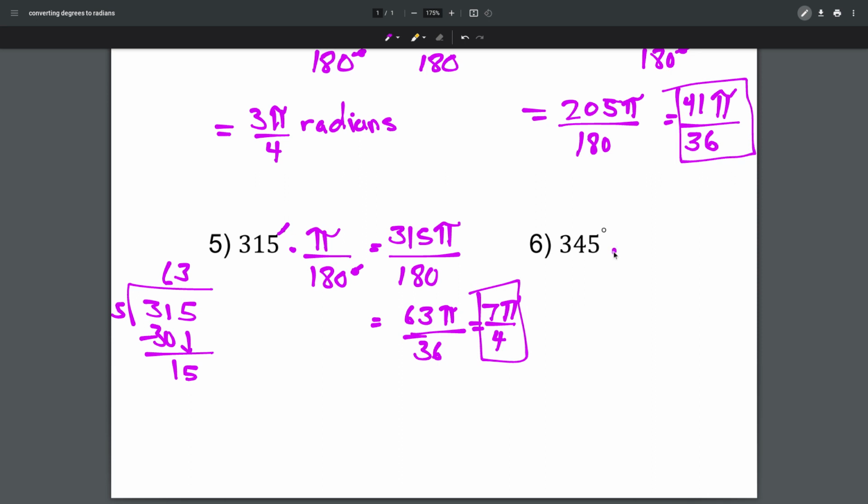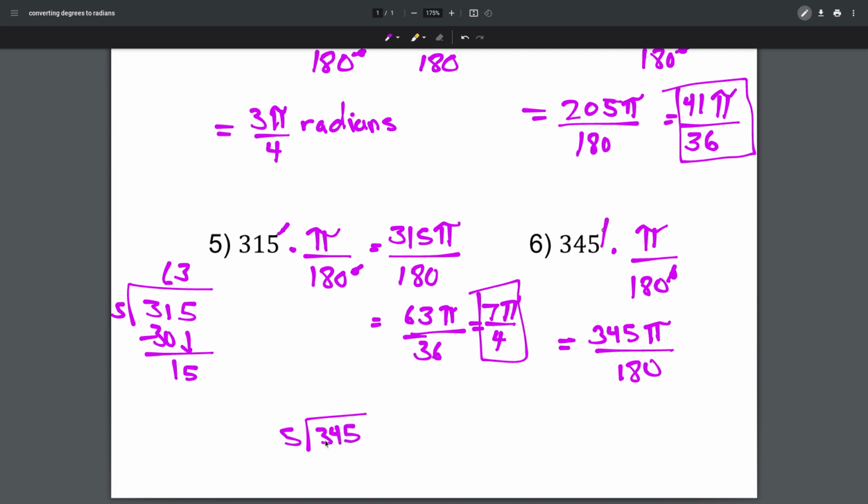And then this last one here, we're going to do times pi over 180 degrees. These are going to cancel. So we'll get 345 pi over 180. Both the top and the bottom are divisible by 5. We'll break it down like that first. So 345 divided by 5. 5 goes into 34 6 times.